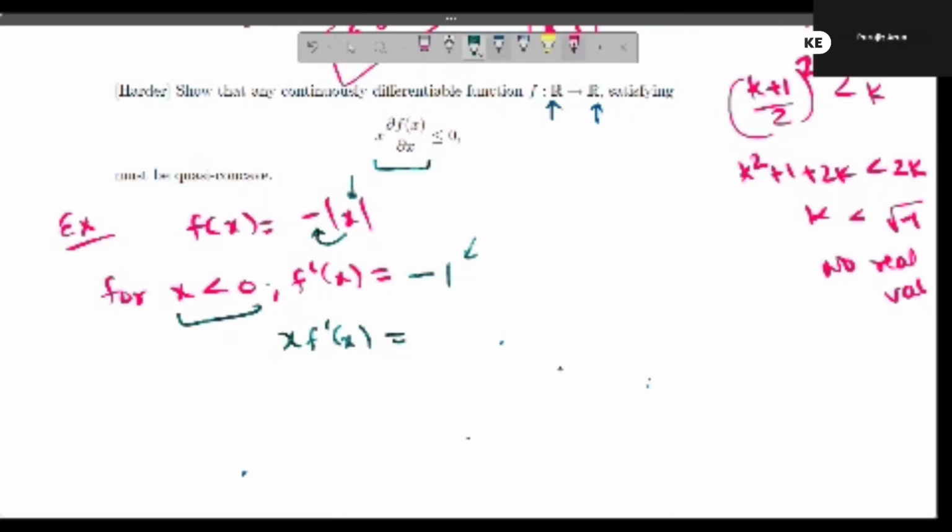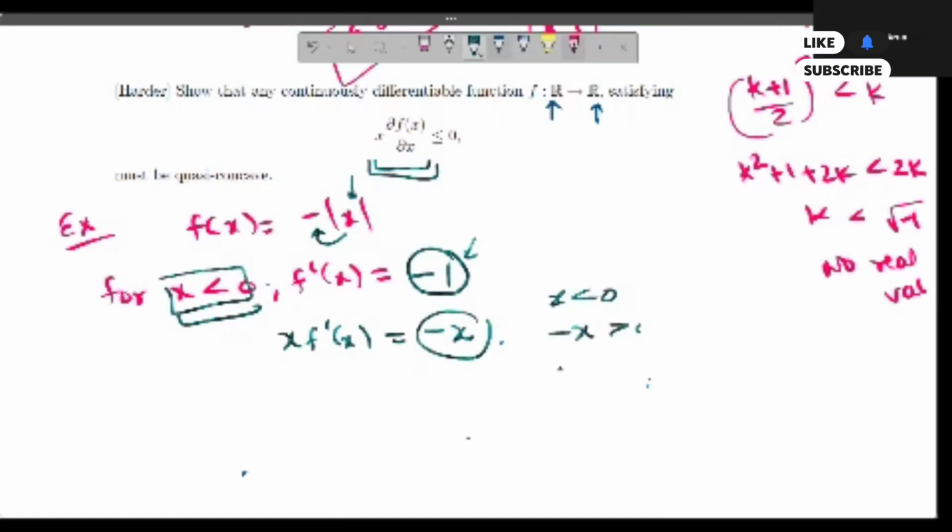x f dash x will be what? If you multiply x with this value, you will get minus x. Now, because you have considered your x as lesser than 0, this value -x will be greater than 0, right?